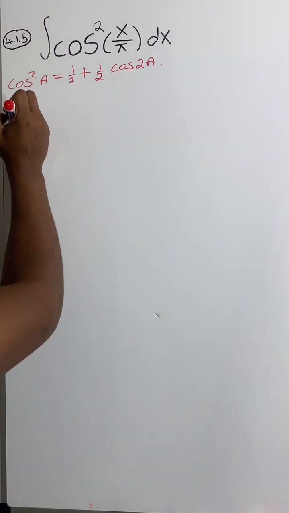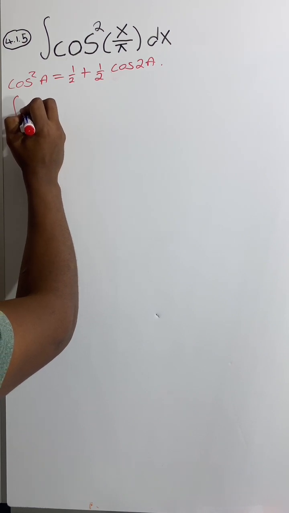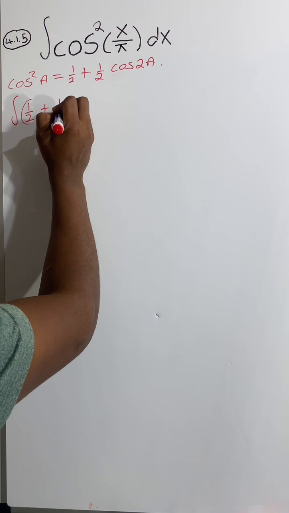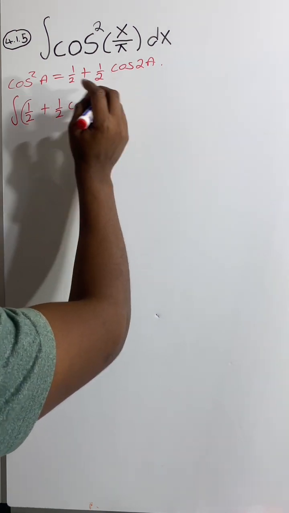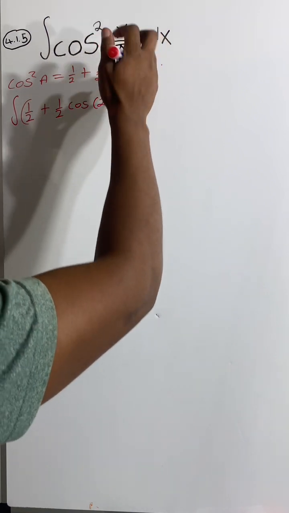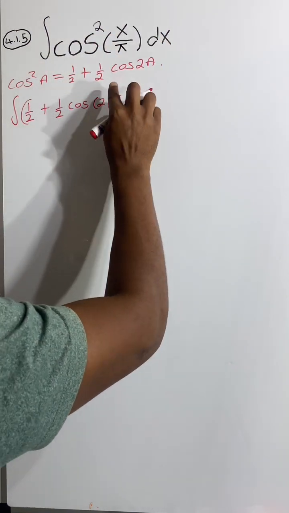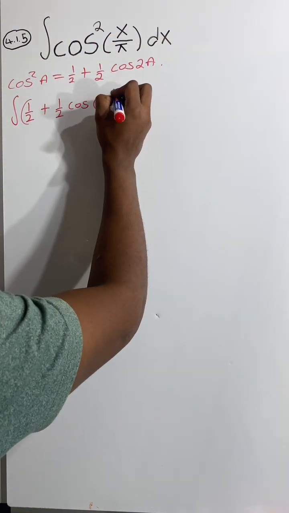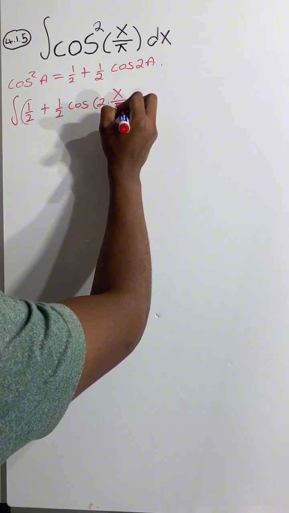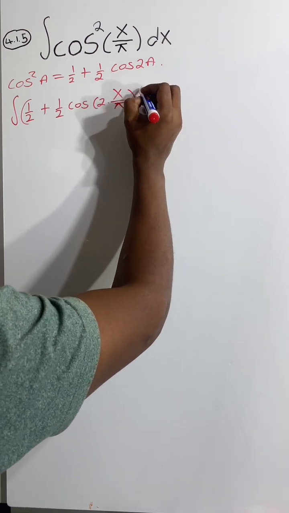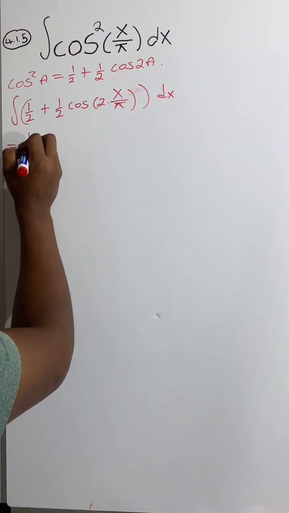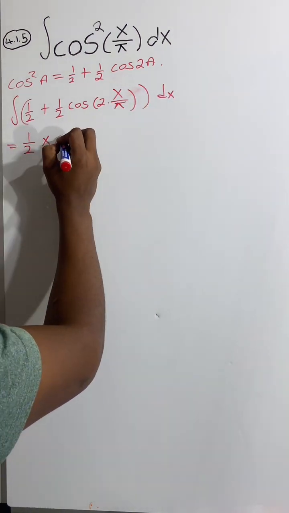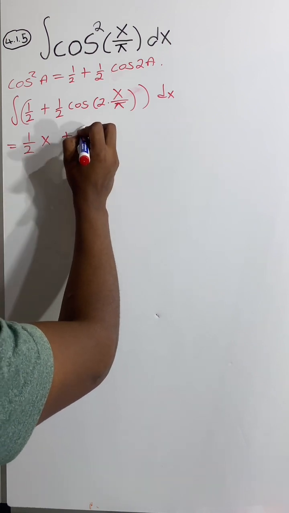So our integral can be expressed as the integral of 1 over 2 plus 1 over 2 cos of 2 multiplied by x over pi dx, and when we integrate 1 over 2 we get 1 over 2 x, plus 1 over 2.